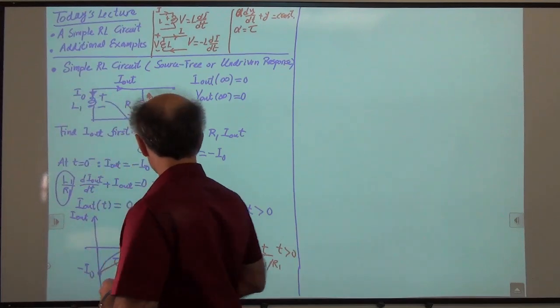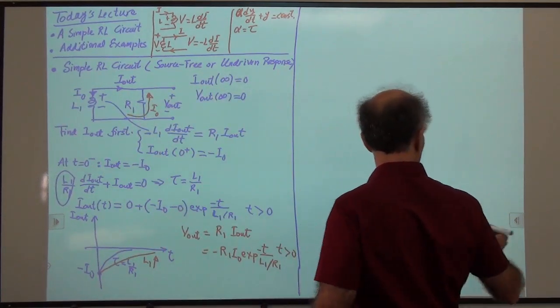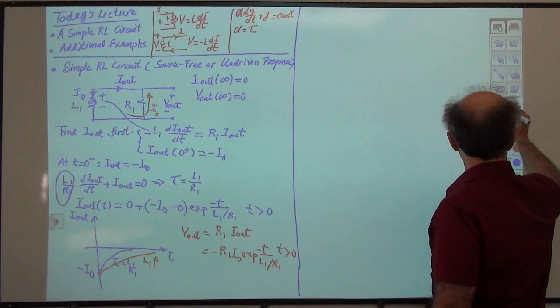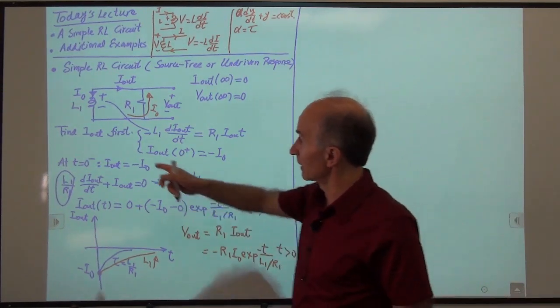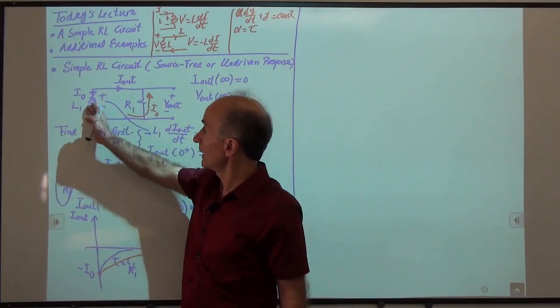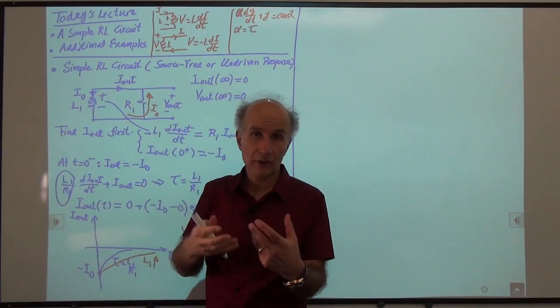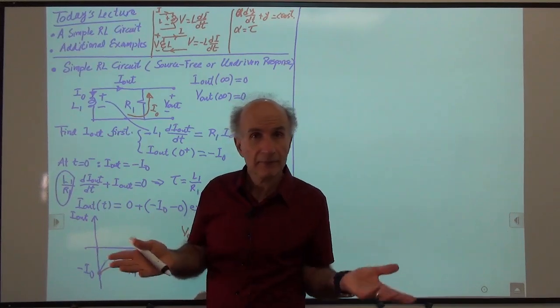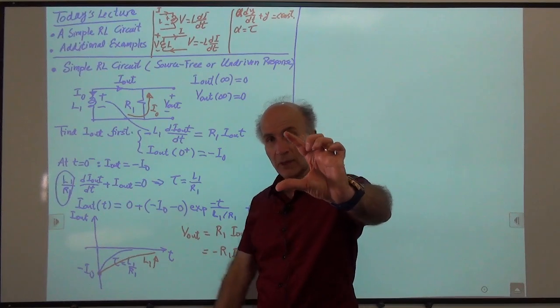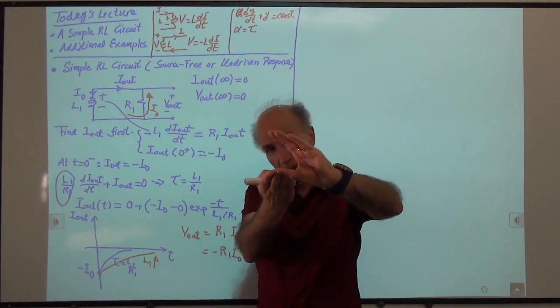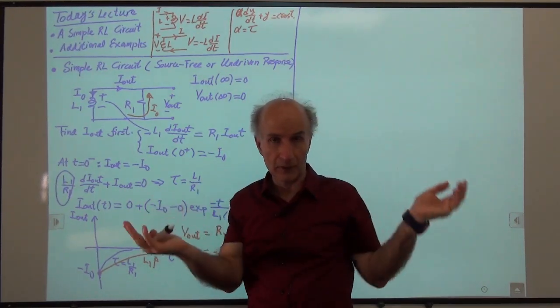Okay, so I just wanted to make a note before we go to another example to show you how we would create this initial condition. So when I started this problem, I said that this inductor has an initial current through it. And you might say, where did it come from? How did we do that, right? For a capacitor, it's easy. I have a capacitor. I put some positive charge here, some negative charge here, and that would be the initial condition.